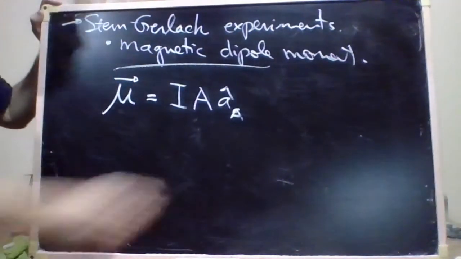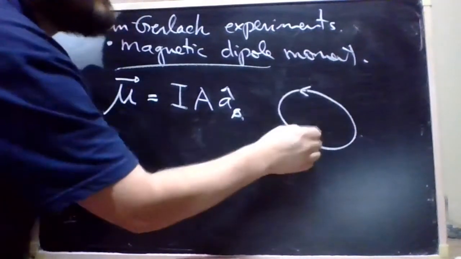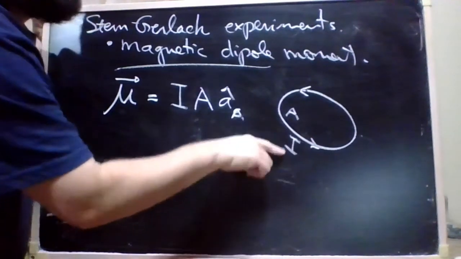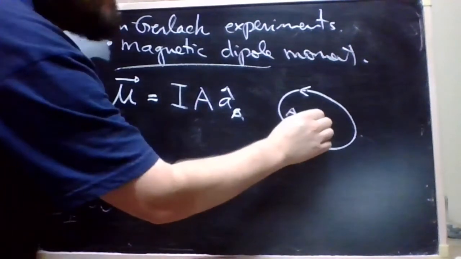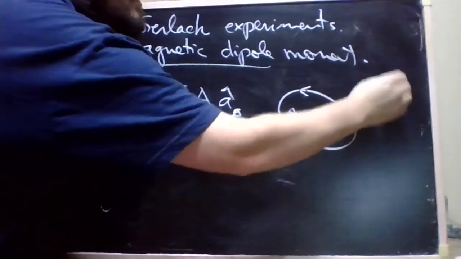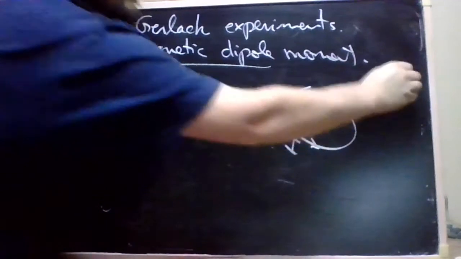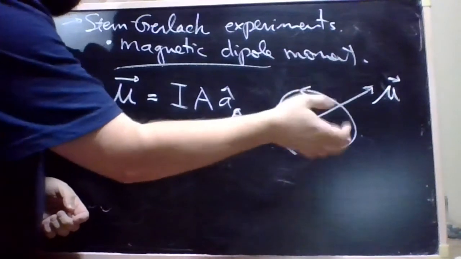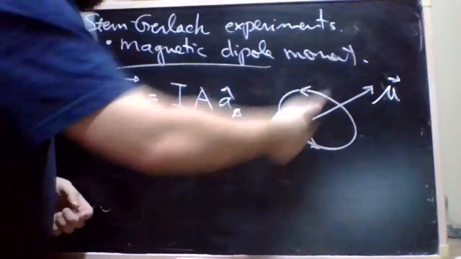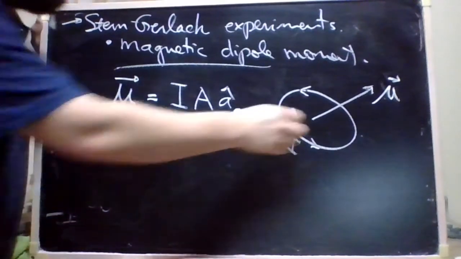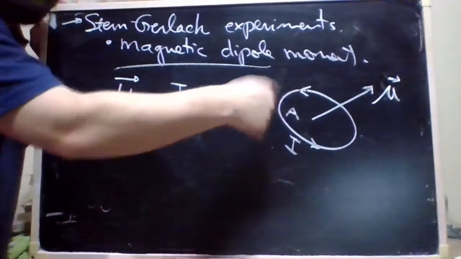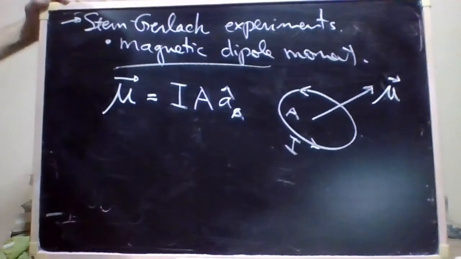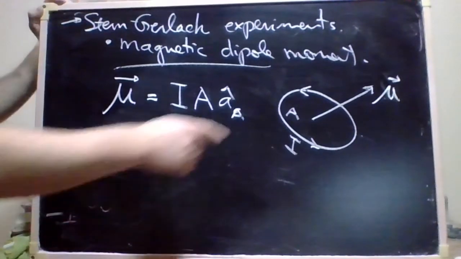If you have a current I circulating and the area of the loop is A, the direction of the magnetic dipole points, by the right hand rule, perpendicular to the area of the loop.